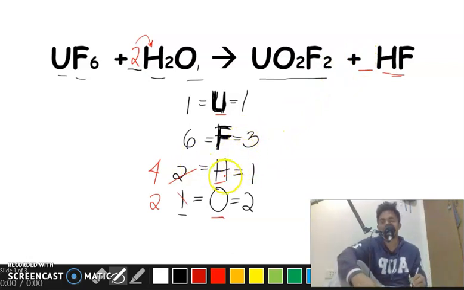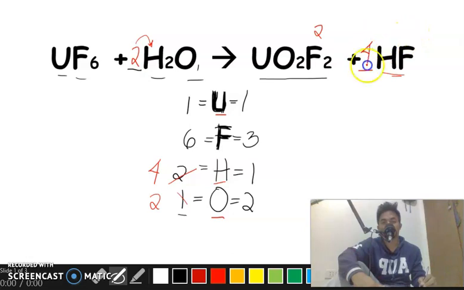For example, you want H to become 4, so all you have to do is use 4. However, you have fluorine, which is 1, so if this becomes 4, can it be balanced with your fluorine on the reactant side? Well, yes, because your fluorine right here in your product side is 2 and 1.